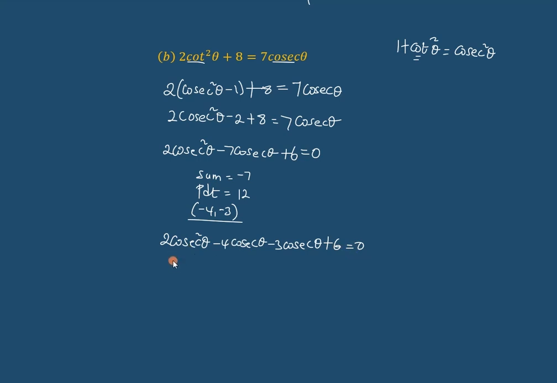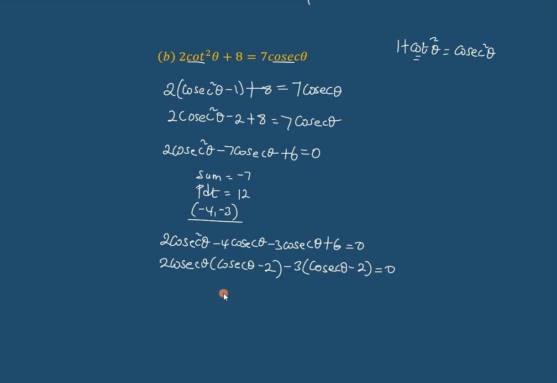Now factorize out 2 cosec theta. It is here and there, and you remain with the cosec theta minus 2. Then minus 3 into again cosec theta minus 2 equal to 0.